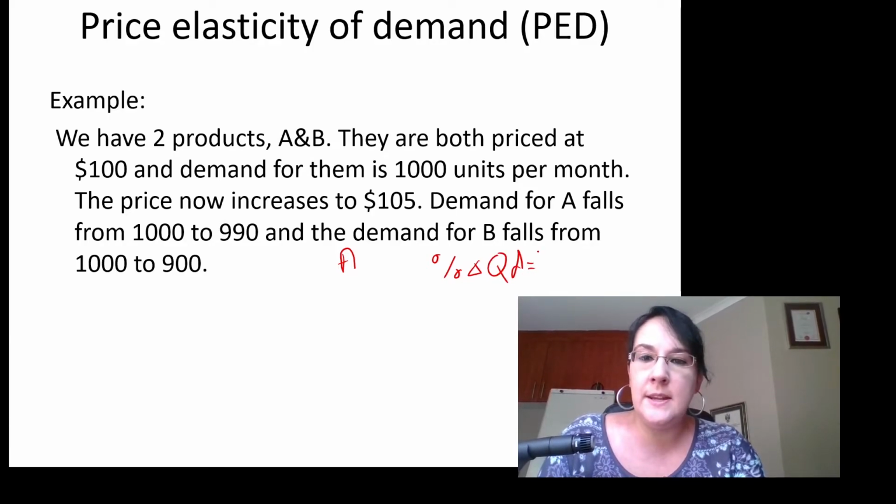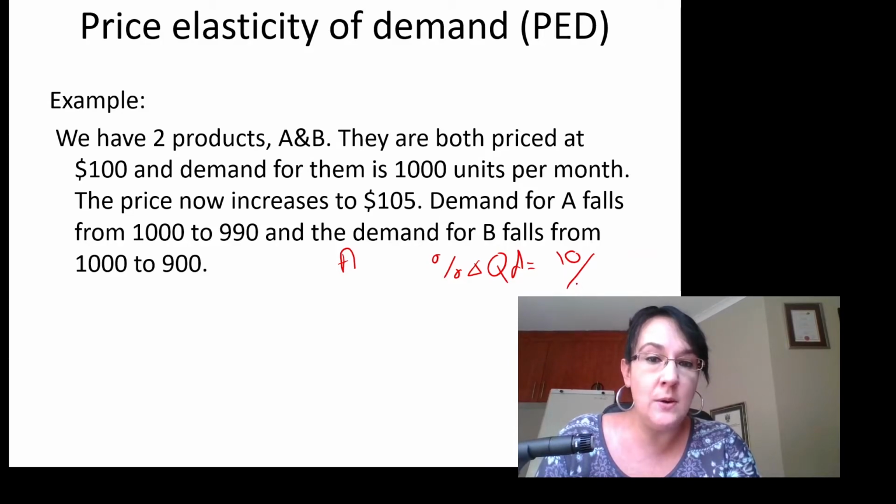I can see that my quantity demanded has gone from 1,000 to 990. So the difference between 1,000 and 990 is 10, and the original quantity was 1,000. Then I times it by 100, and that should give me 1%.